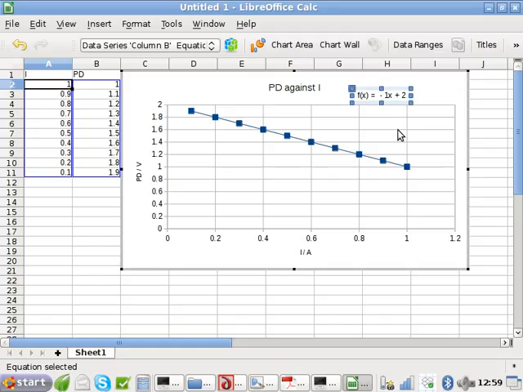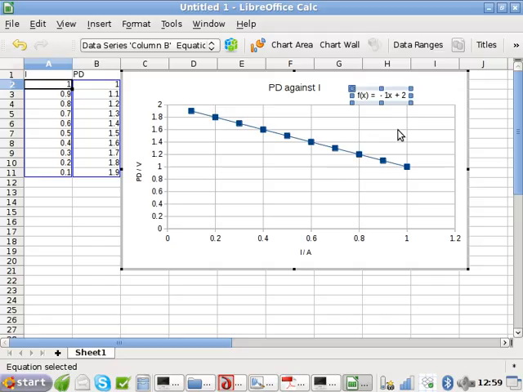y equals mx plus c. Y is the voltage in the voltmeter. C is the intercept. It's the voltage when there's no big resistance. So like here, the V is the EMF when this is 0.